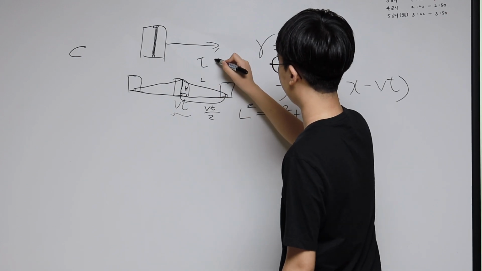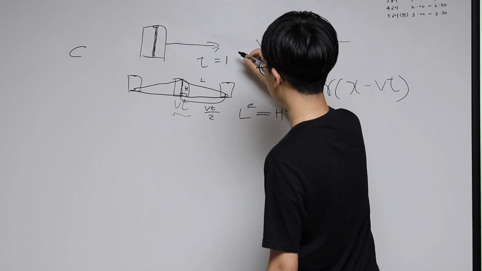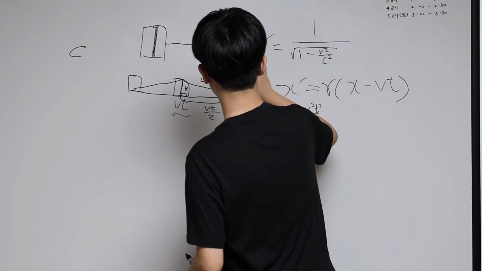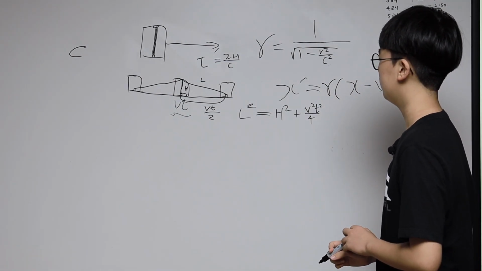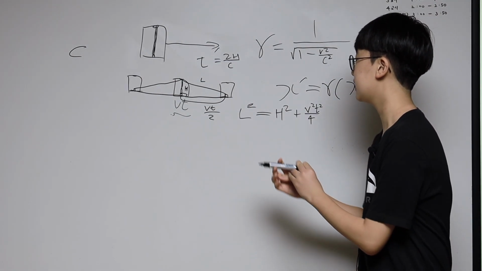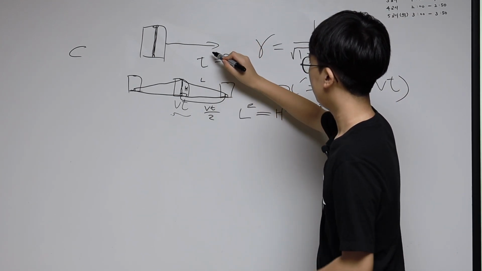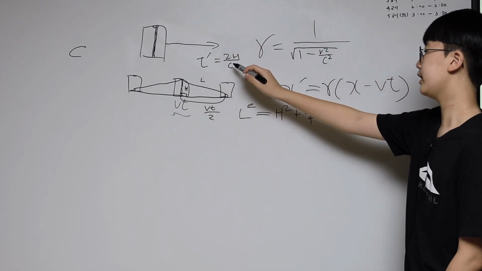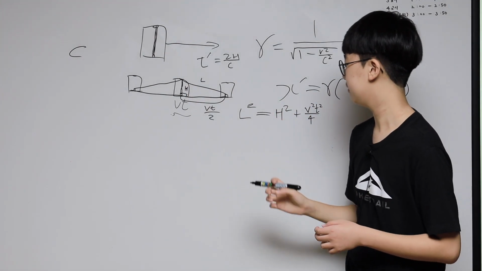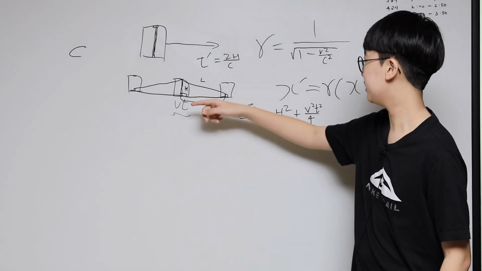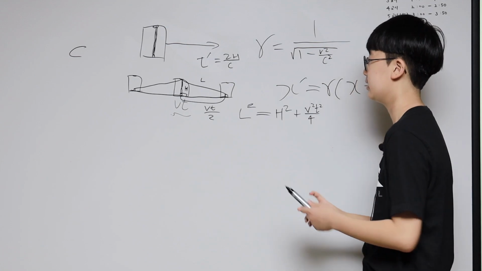So t prime would equal this because, well, the laser beam is moving at light speed because it's light.